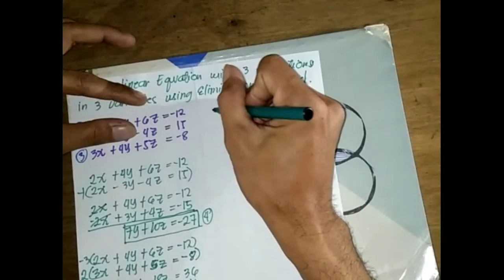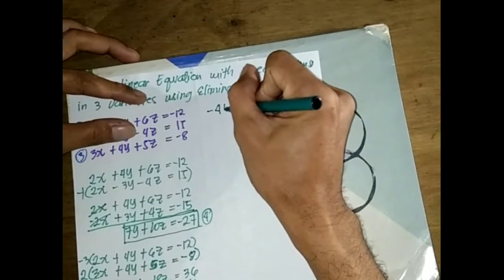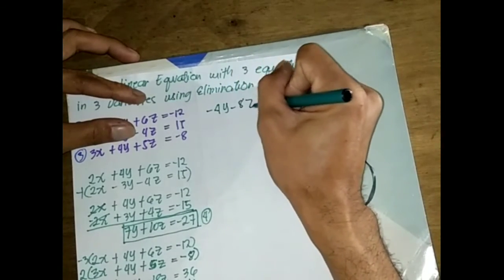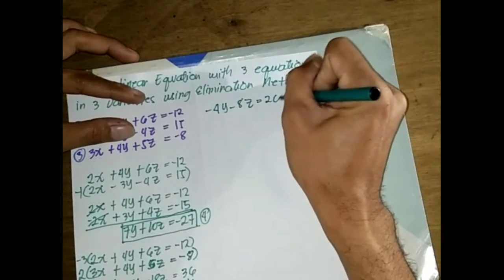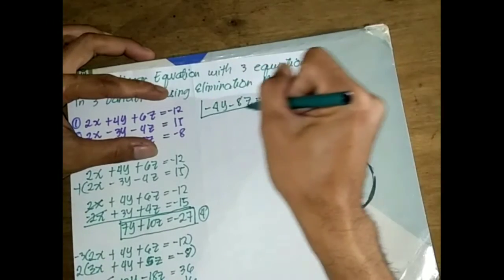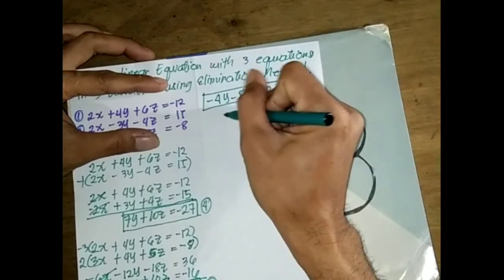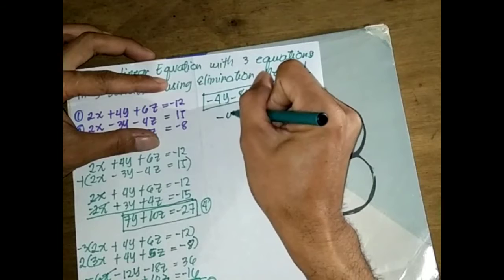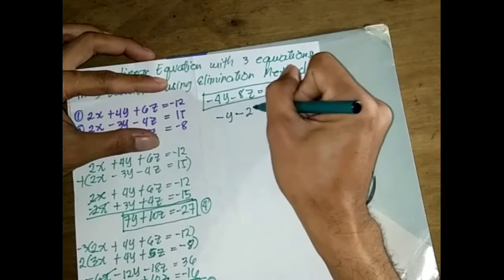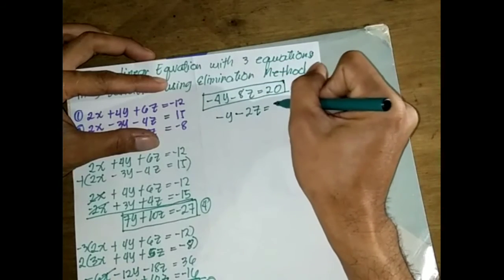So negative 4y minus 8z is equal to 20. But this equation is equal to negative y minus 2z is equal to 5.